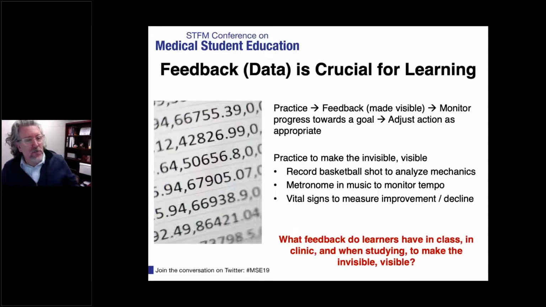It's making visible what I'm able to do, in the same way that when I take a shot in basketball, I can see if I fall short, if I go left or if I go right, or if I sing a note, I hear that I'm flat or sharp. In both instances, I adjust accordingly, right? If blood pressure is precipitously low, I trust that the physicians in the room are going to adjust accordingly.